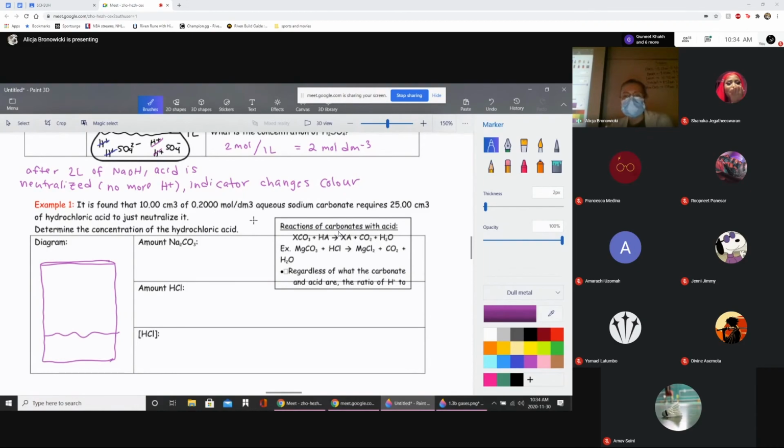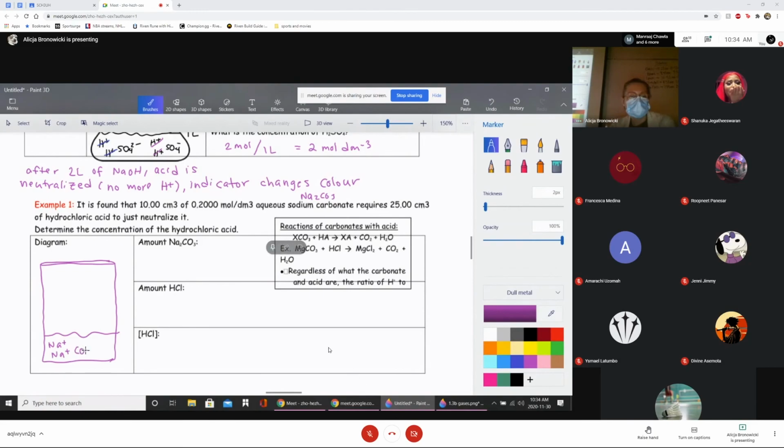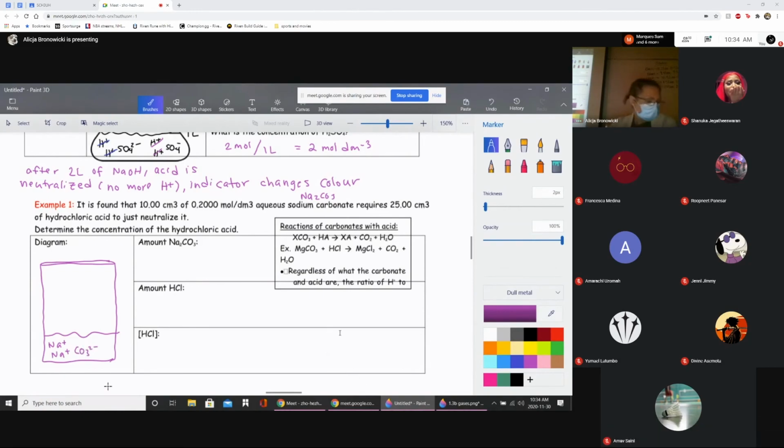Okay, so I've got some sodium carbonate, Na2CO3, and I mix it with some hydrochloric acid.